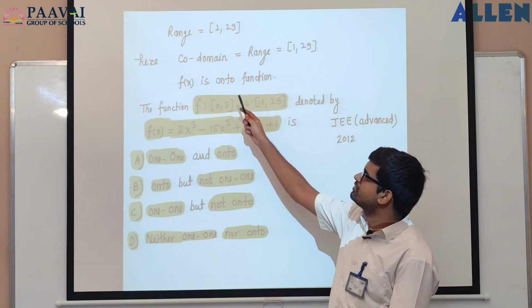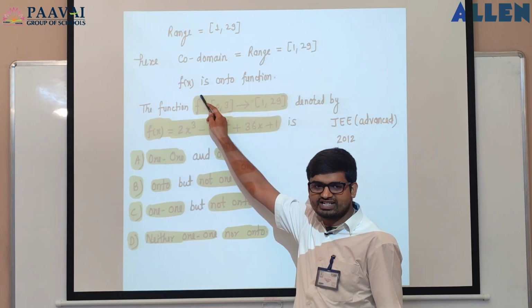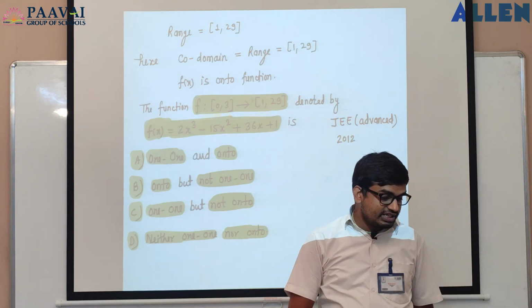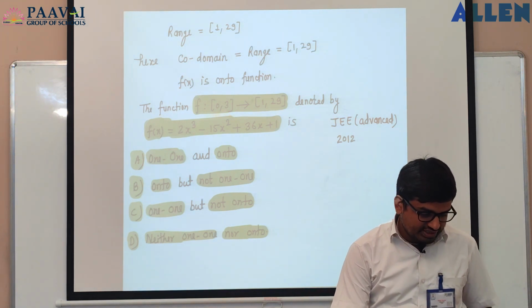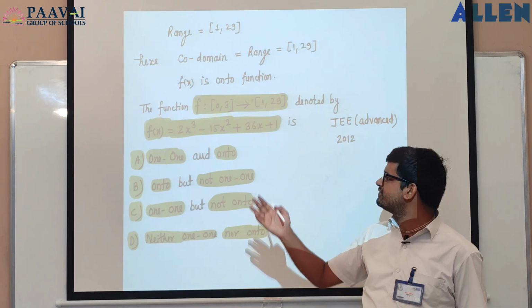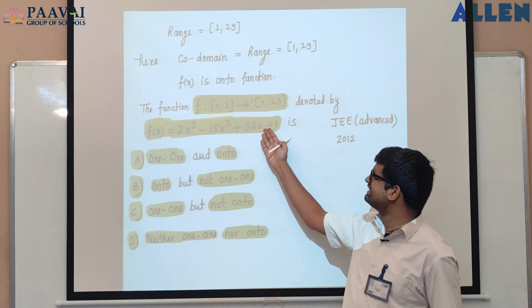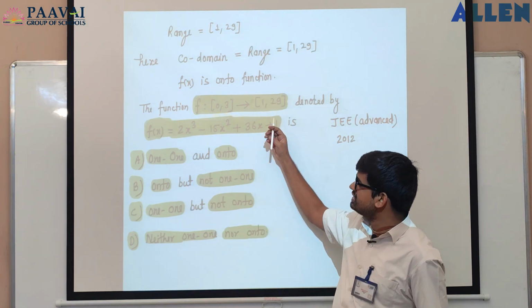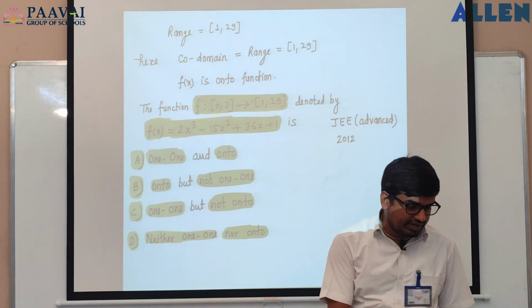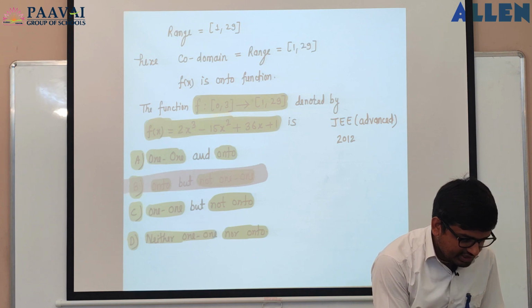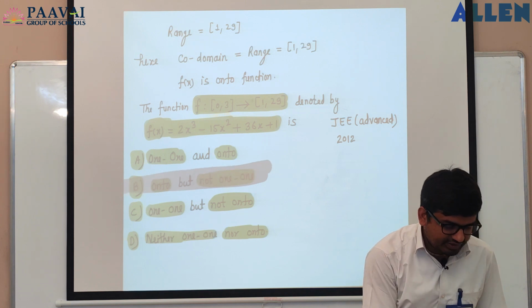Because both are equal, this function is an onto function. The question asked about f(x) = 2x³ − 15x² + 36x + 1, and you can see this function is onto but not one-one. So the correct option is the second option: the function is onto but not one-one.